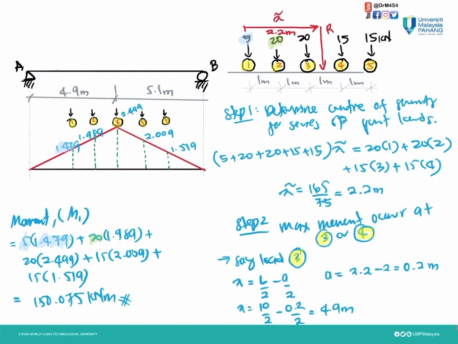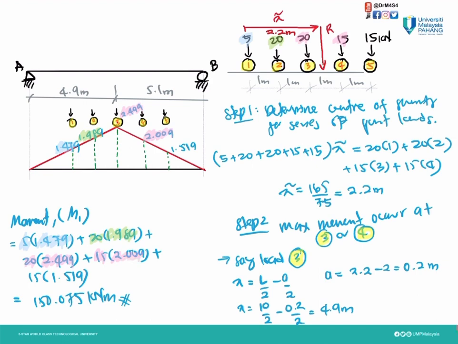The value on our influence line is 1.989. Then plus another 20 kilonewton on the third wheel. The value for that is the highest, 2.499. Then plus the load of 15. The value for that on the influence line is 2.009.